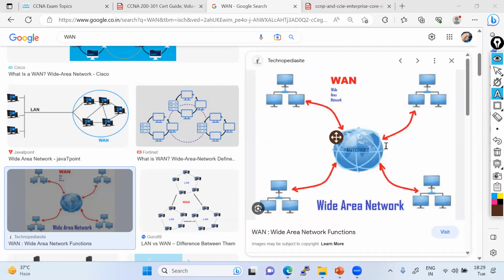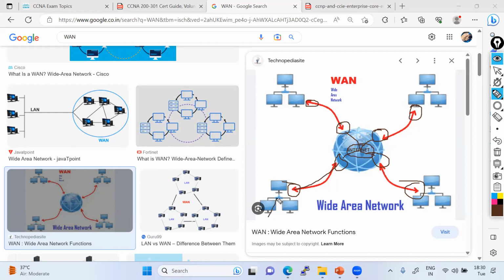Once you connect every branch, these different branches, you require layer 3 devices. A router should be at every location, and this router is going to connect with the ISP router, ISP router, ISP router. And once they all join together, they form the internet.